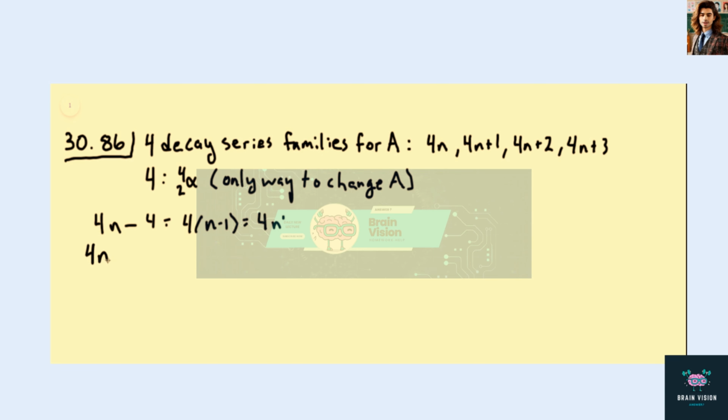And similarly for 4n plus i, where i is 0, 1, 2, or 3, minus 4 is going to be 4 times n minus 1 plus i, which is 4n prime plus i. So you can't get out of which family you're in as you go down the decay series.